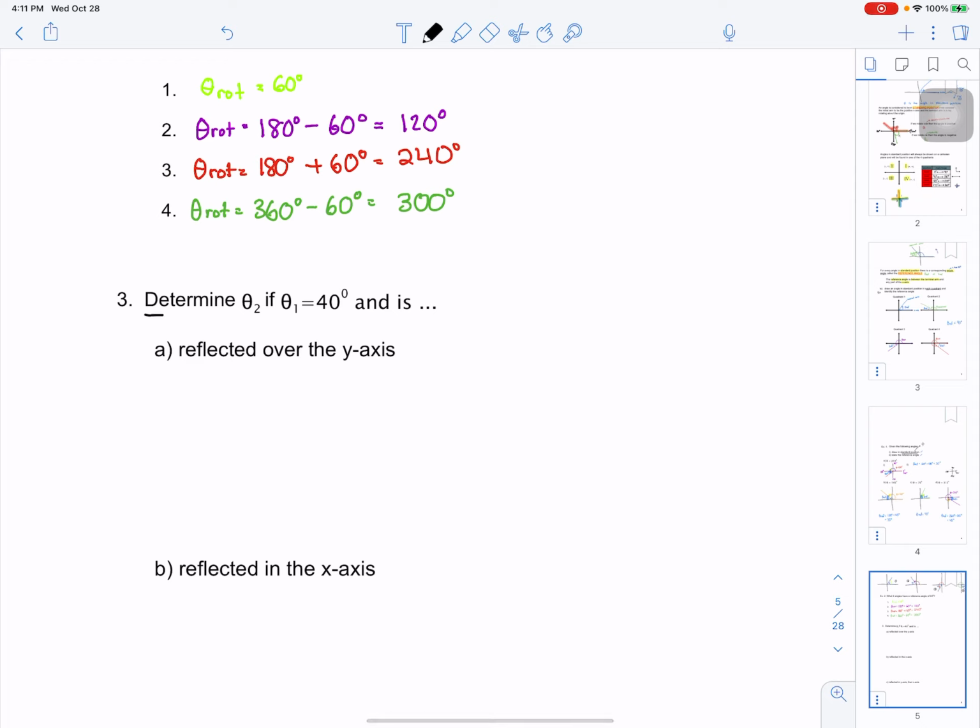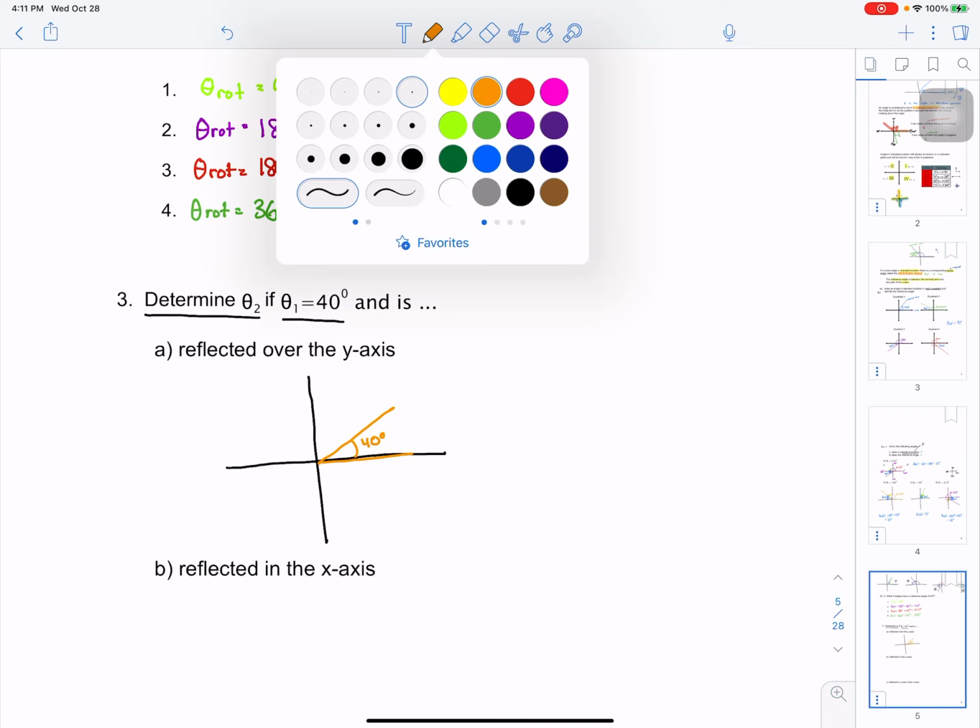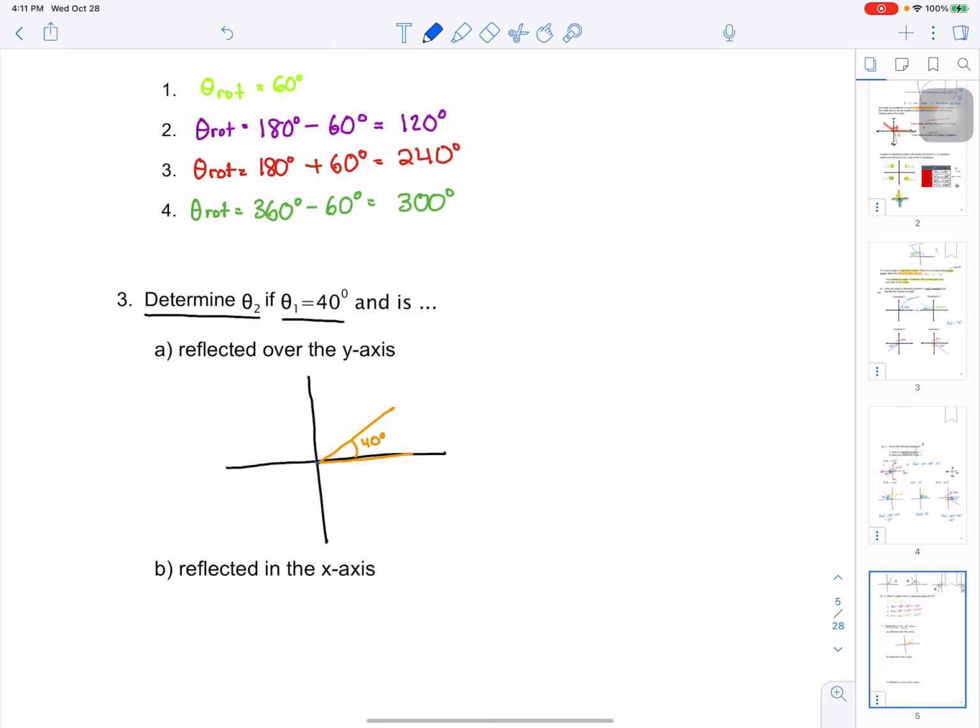Okay, determine theta 2. So find an angle if one of my angles is 40 and I reflect that 40 over the x-axis. So over here, I have a 40-degree angle in standard position. I want to reflect that angle over the x-axis. Okay, so I'm assuming that this is what they're referring to for theta 2.